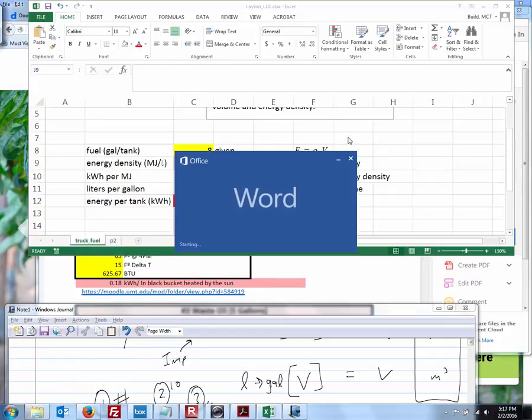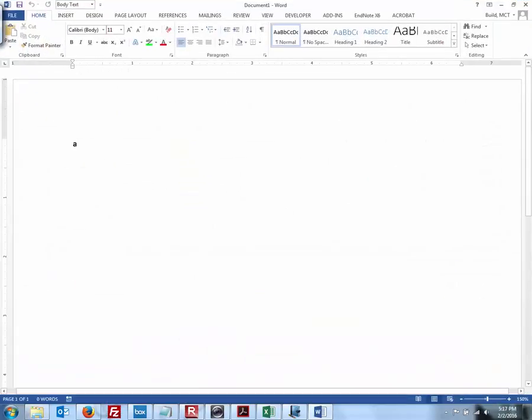Hop into Microsoft Word. A, B, C, D, E, F, G, H, I, J, K, L, M, N, O, P, Q, R, S, T, U, V, W, X, Y, Z. Hopefully. Not a word, but useful.